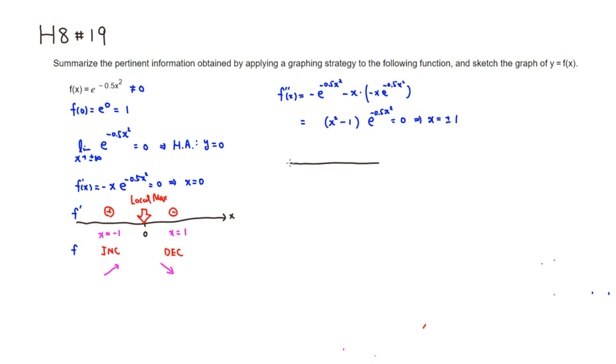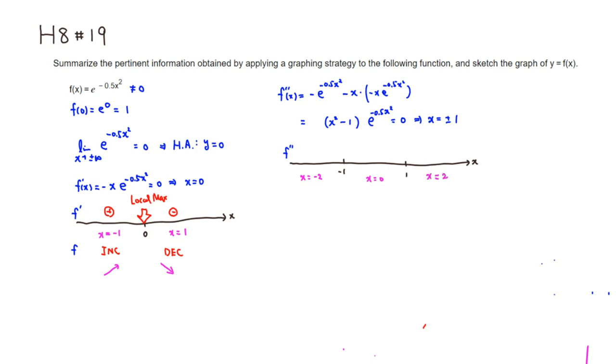All right, so let's do the number line just like before. We're going to put a -1 here and a +1 there, and we're going to look at the sign of the second derivative. Anything less than -1, I'm going to try -2. Between -1 and 1, I'm going to try 0. Bigger than 1, I'm going to try 2.